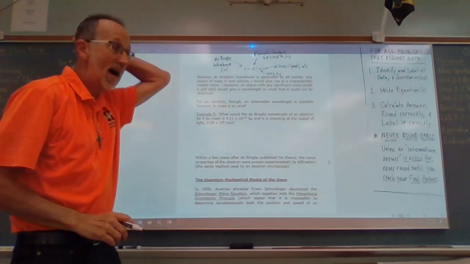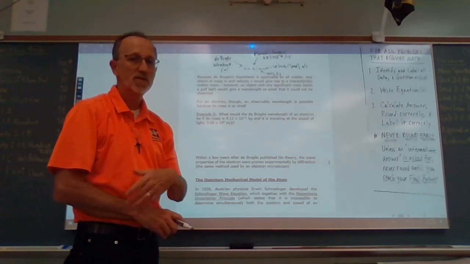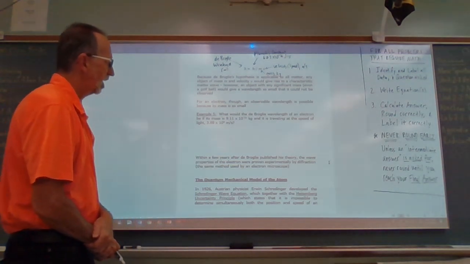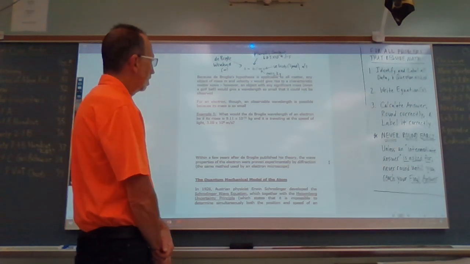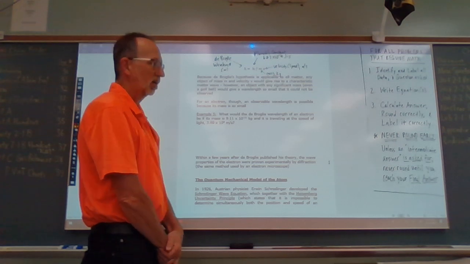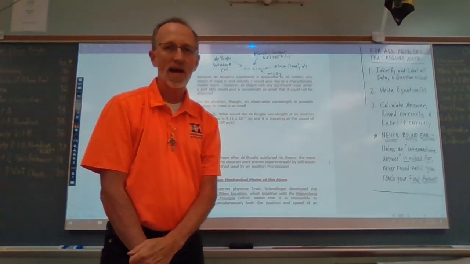Because de Broglie's hypothesis is applicable to all matter, not just photons, but to electrons and so forth, any object of mass m and velocity v would give rise to a characteristic wave. However, an object with any significant mass, even a golf ball, would give a wavelength so small that we could not detect it.